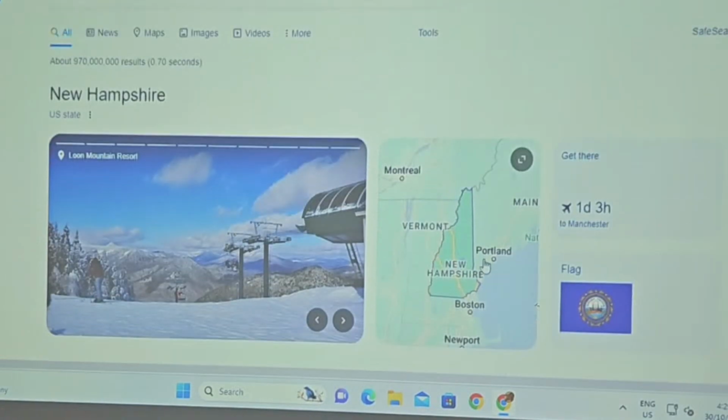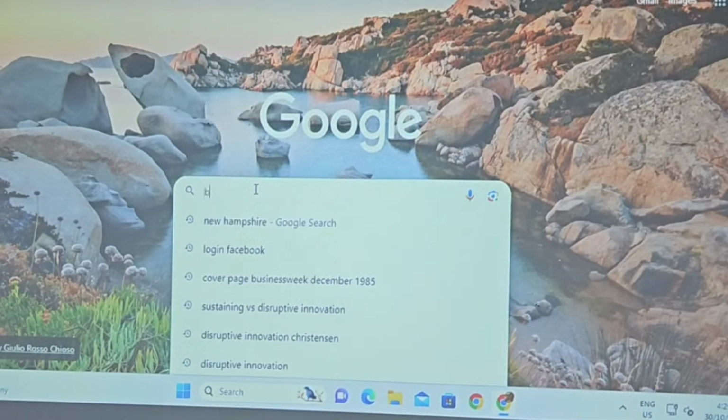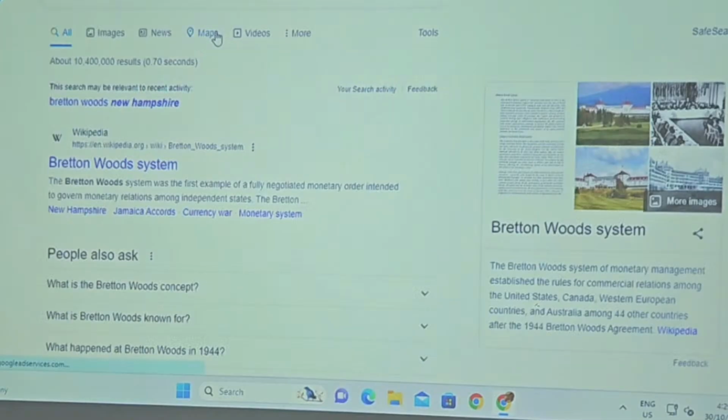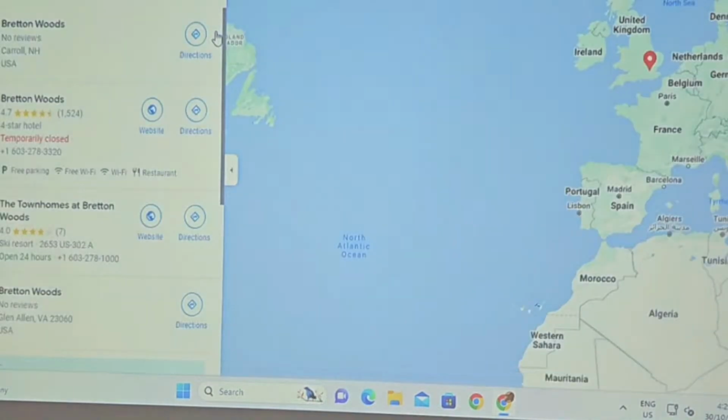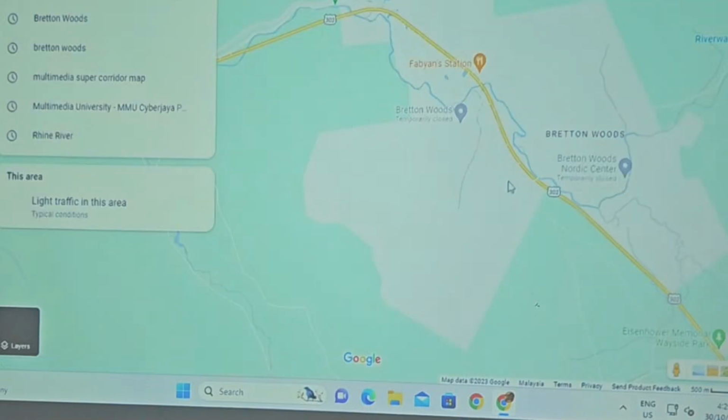New Hampshire, United States, where Bretton Woods is. This is Bretton Woods. See the map? Well, I've been there.